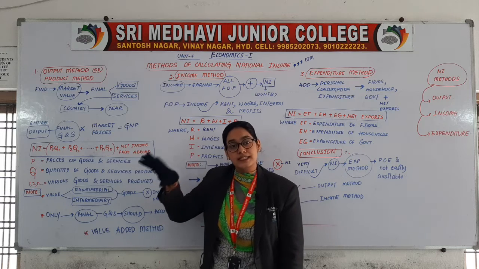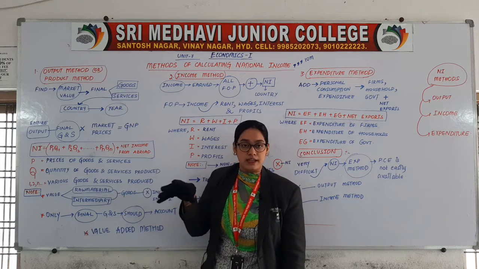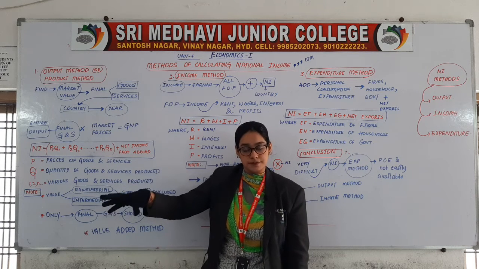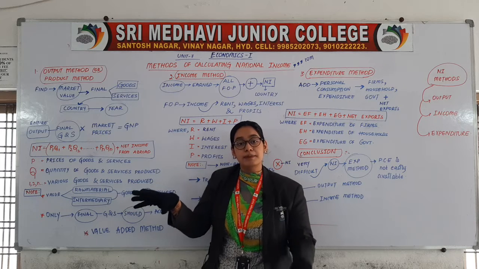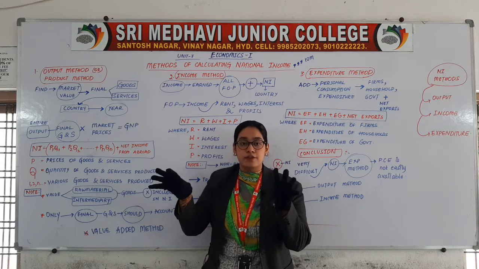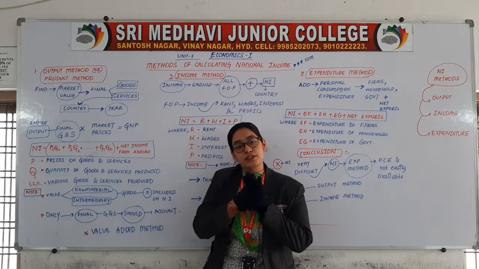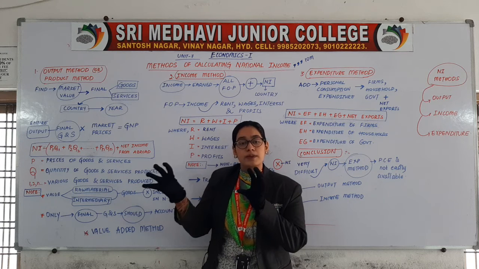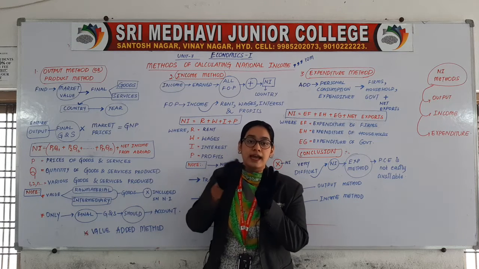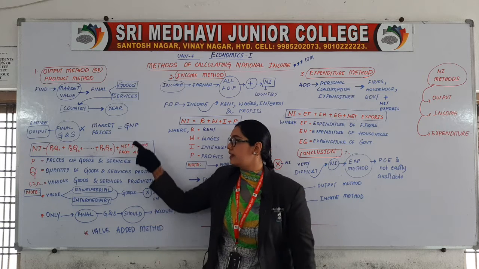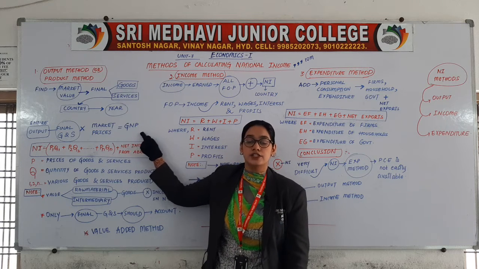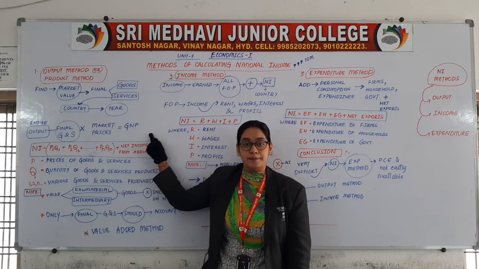So your rice bags are the output, the goods which you are producing. So that will be multiplied with the price. For example, one rice bag is for 40 rupees. So how many rice bags you are producing at how much price? Then you will be getting the gross national product, GNP.